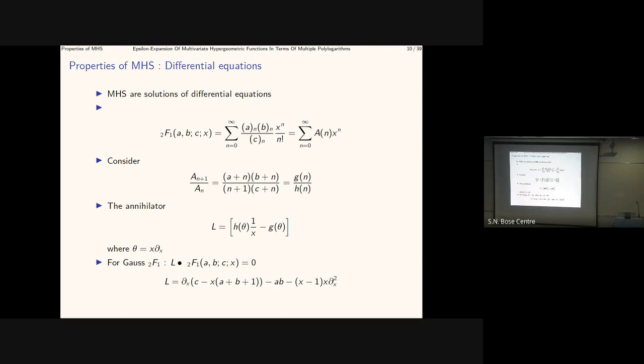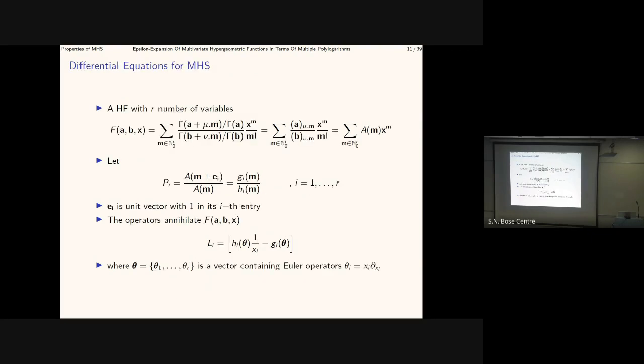It turns out that this procedure can be generalized to more than one variable. So now we have an R variable series written in a very compact way. Again, we write all the things as a of m and x to the power m. Then we can find R such ratios, where again m is a vector here and e_i is the unit vector with ith entry.